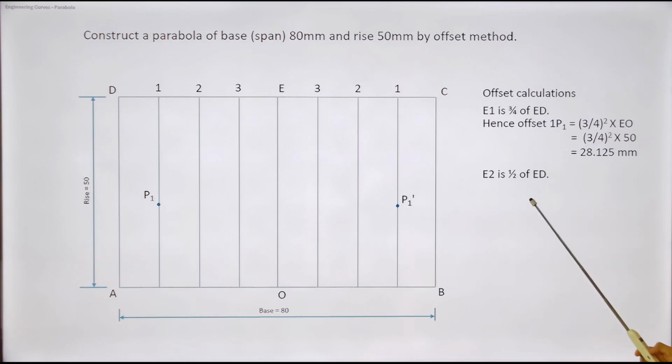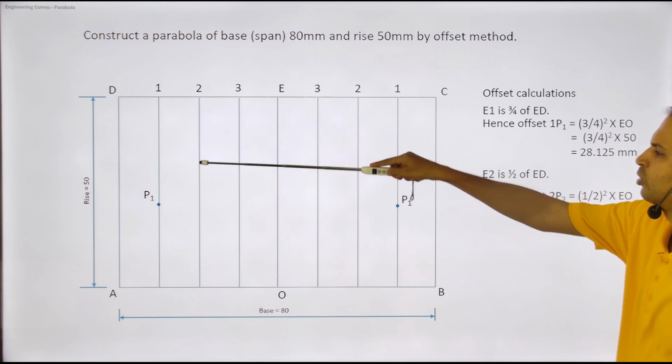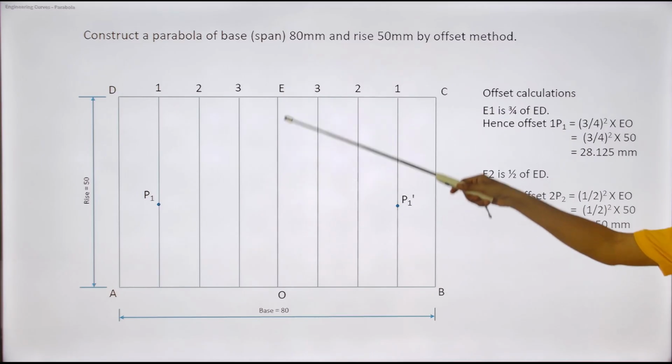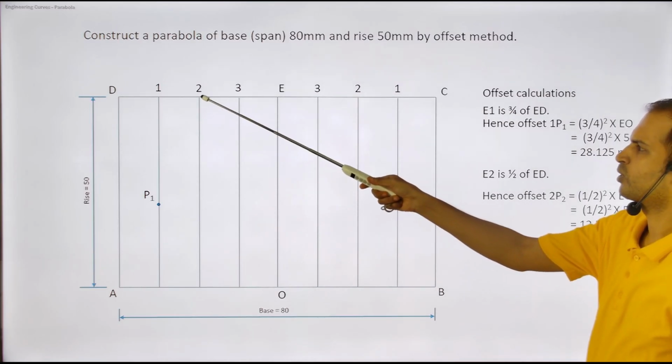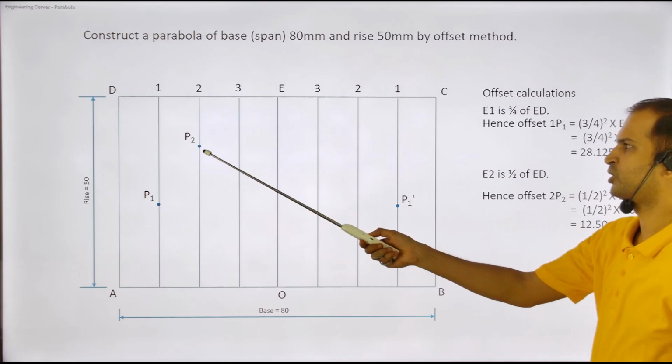So the calculation is the offset for the P2 point. The formula for the offset is half squared into the total length of the parabola, that is EO. We are going to get the answer 12.50. From this point, mark 12.5. You got this answer. This is the point.